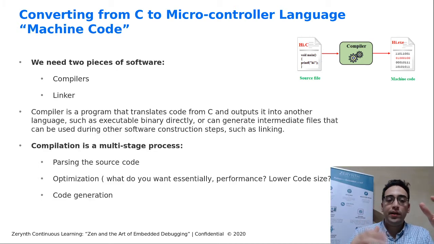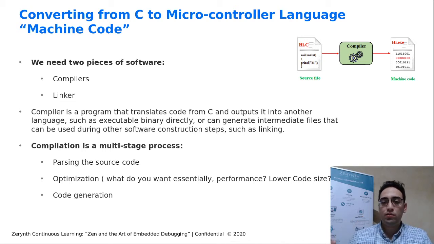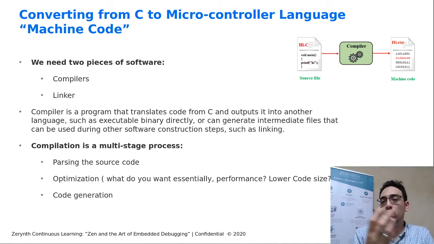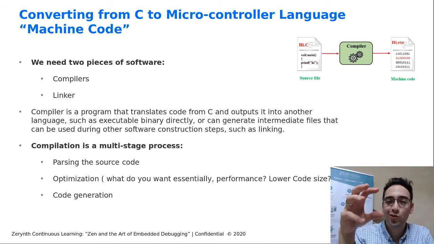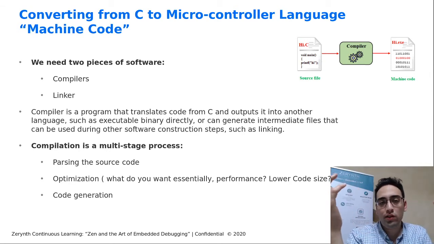Typically a compilation is a multi-stage process, but in very simple terms, it is something that takes the C source code that you write and then converts it into object code. Then these object codes are sent to the linker, and the linker takes these object codes and converts them to the machine code that the microcontroller understands.